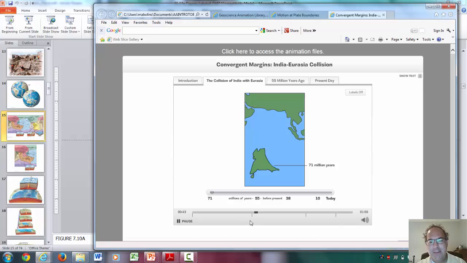And over time, India, that island subcontinent, moved from where it was off the shore of Eurasia, and it collided with Eurasia, raising the Himalayas.